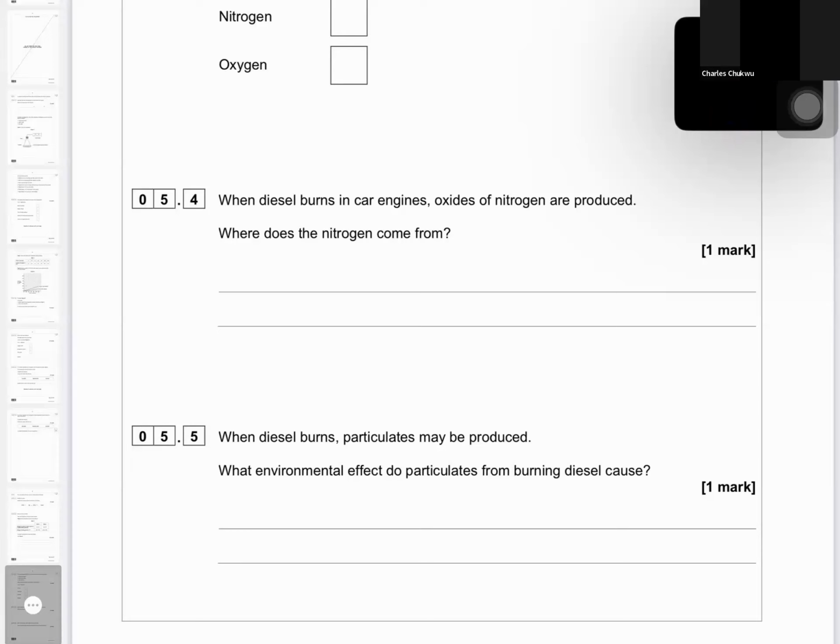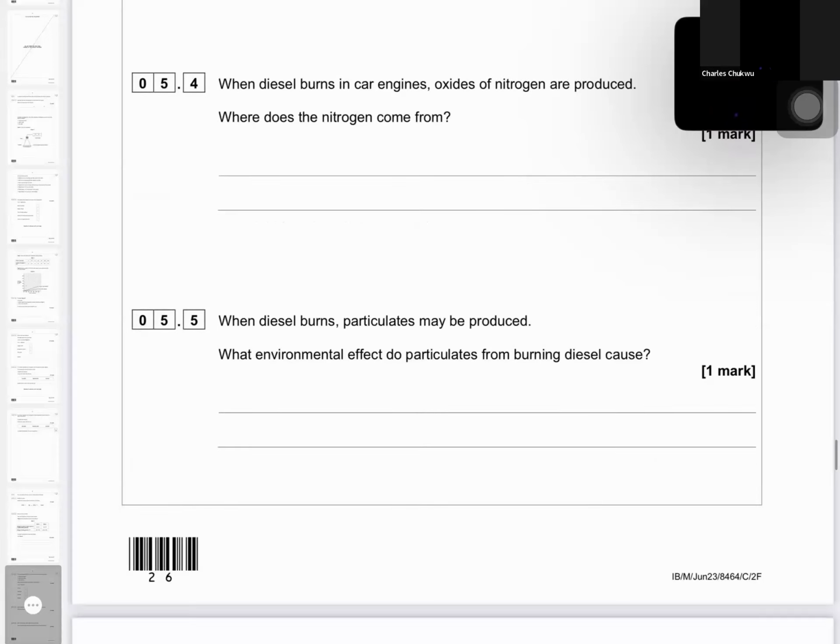It says when diesel burns, another one, particles. What's that? Sorry. Okay, particulates may be produced. That's like solid stuff, little solid stuff. And it says what environmental effect do particulates from burning diesel cause? Hmm.